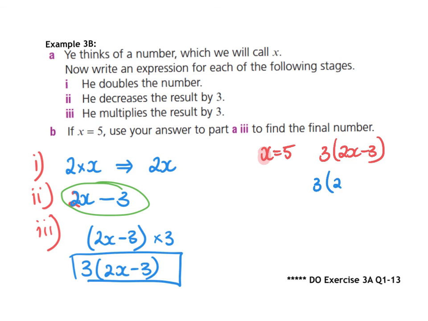So every time I see x, I'll put a 5. Now, remember, you've got to do brackets first. So first, we should do what's inside the brackets. So inside the brackets, what's 2 times 5? 10. And then we've got 10 minus 3, which would be? 7. Good. So we've done that.